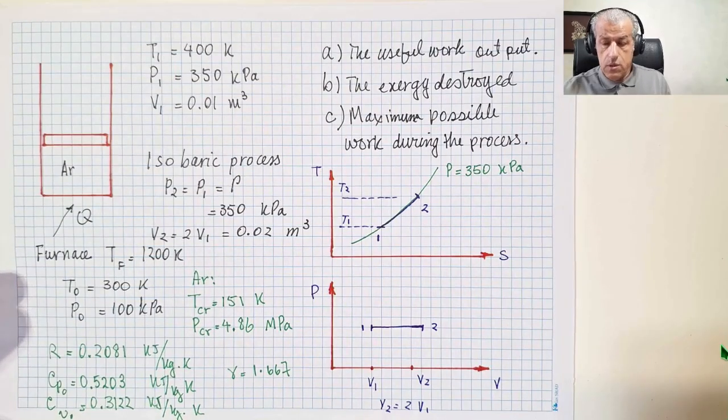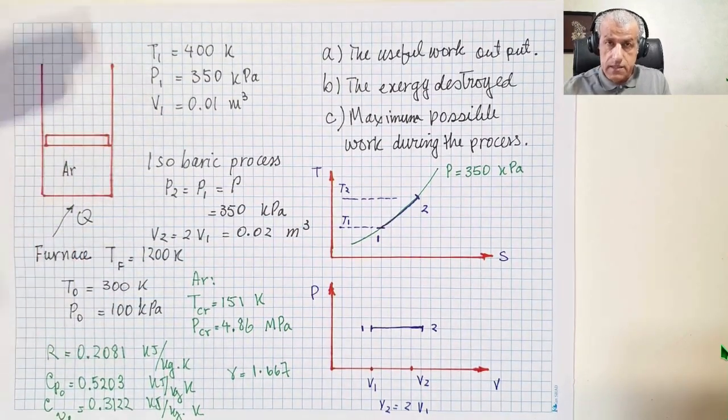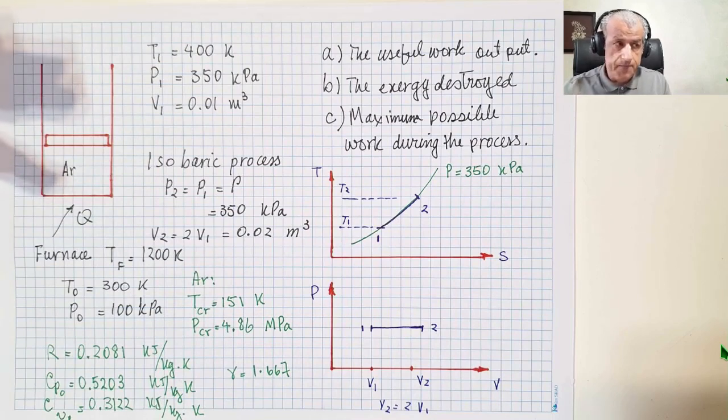Once we know all temperature, pressure, and volume properties at the start of the process, we can also calculate the mass of argon inside the cylinder.